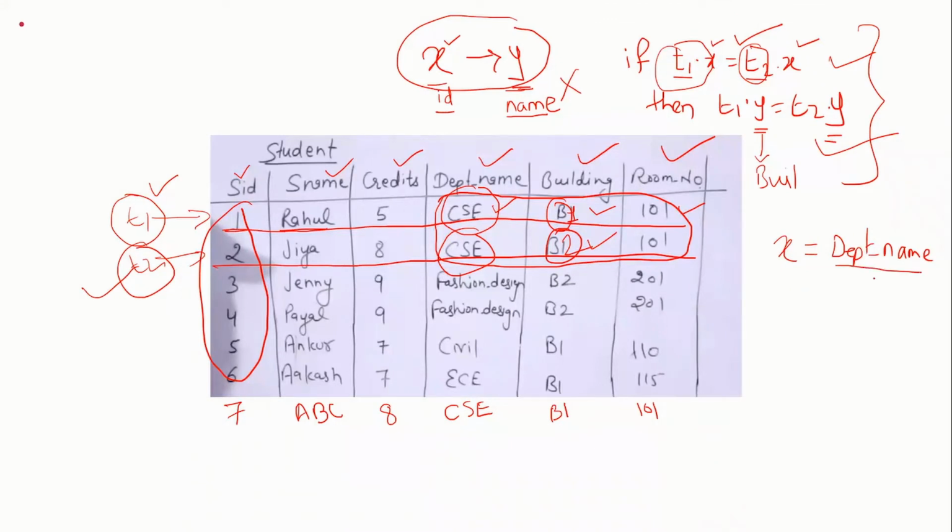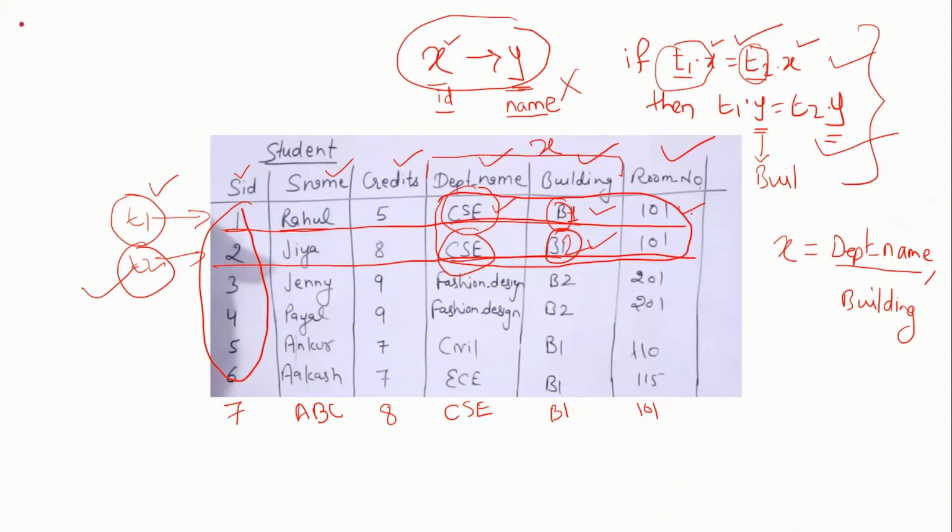If I consider department name and building, these two attributes together form the X. So if X of tuple T1 is equal to X of tuple T2, here also CSE B1, here also CSE B1, it is true.